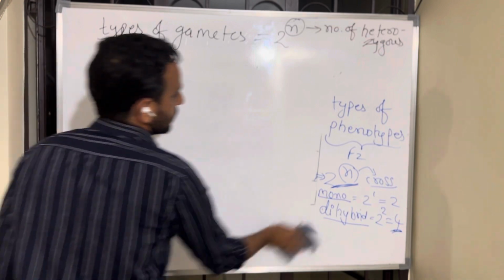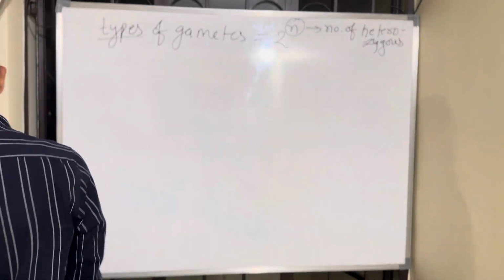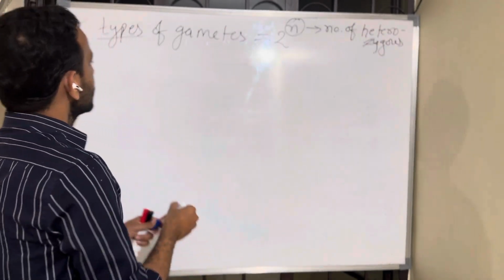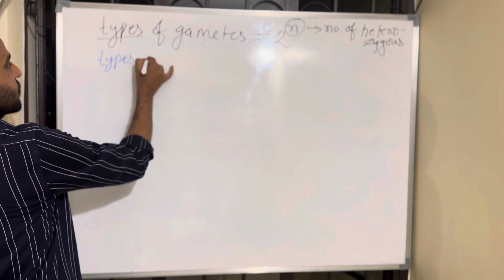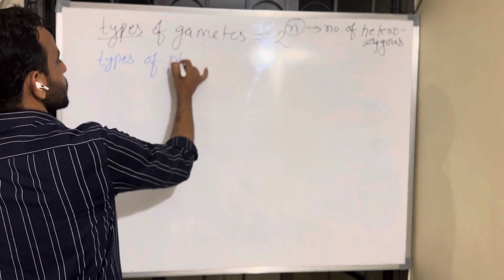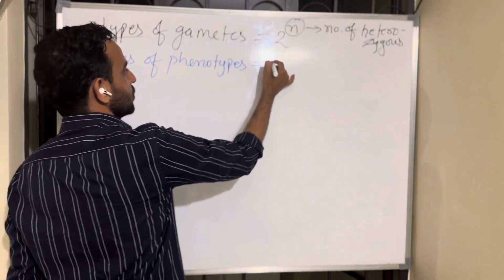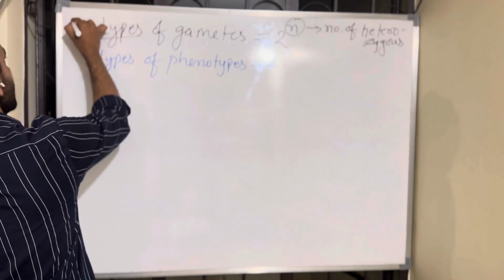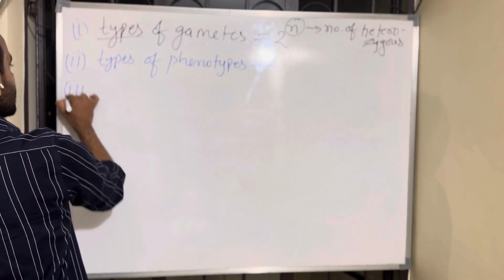So let's see this. What are we talking about? A few formulae which we have derived. Types of gametes 2 to the power n. Similarly, types of phenotypes 2 to the power n, which is cross. So first thing, second thing, third one. What is the third one?